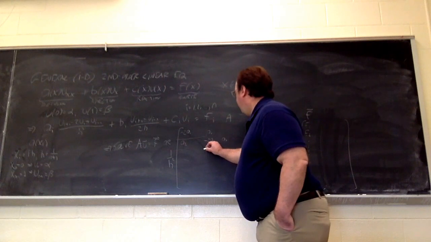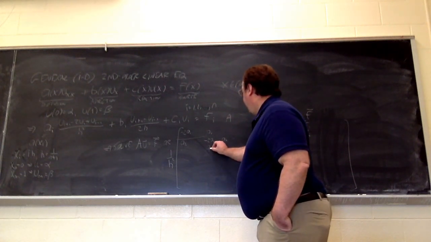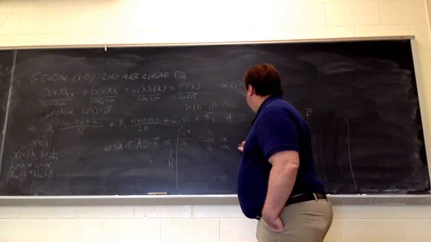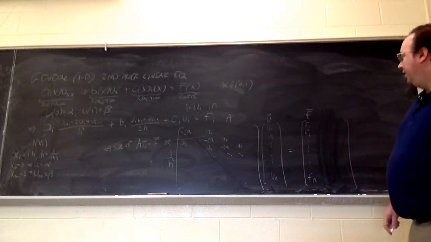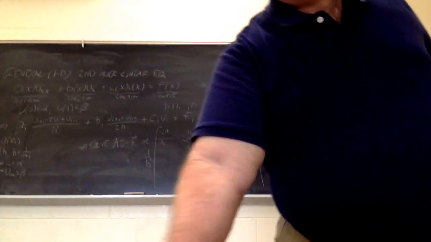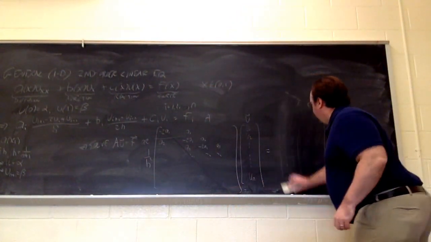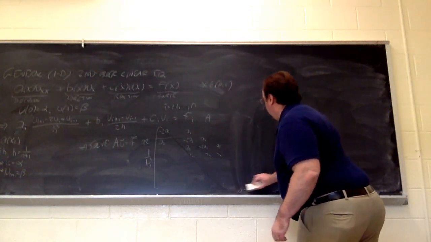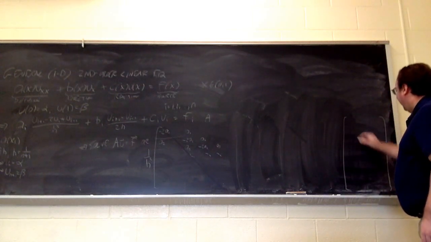So the next row would be, I should have more room for this matrix, a3, minus 2a3, a3, and so on, all the way down. In fact, I am going to make more room. I'm going to give myself as much room as I possibly can.